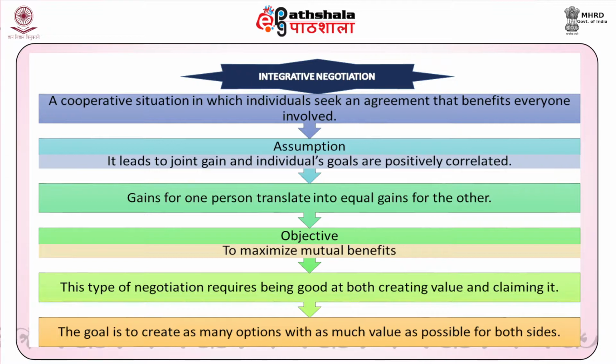The goal is to create as many options with as much value as possible for both sides, and then parties need to claim the best value for themselves among the options that have been created.